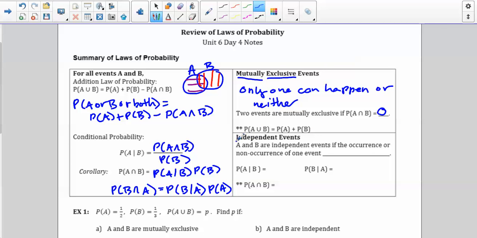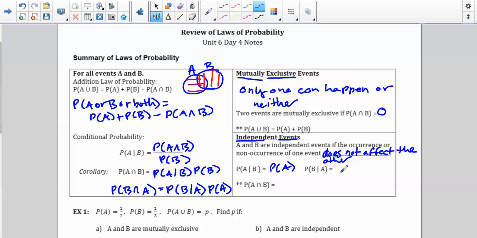If two events are independent events, then the occurrence or non-occurrence of one event does not affect the other. So the probability of A given B will be equal to the probability of A, because it doesn't matter if B happens.